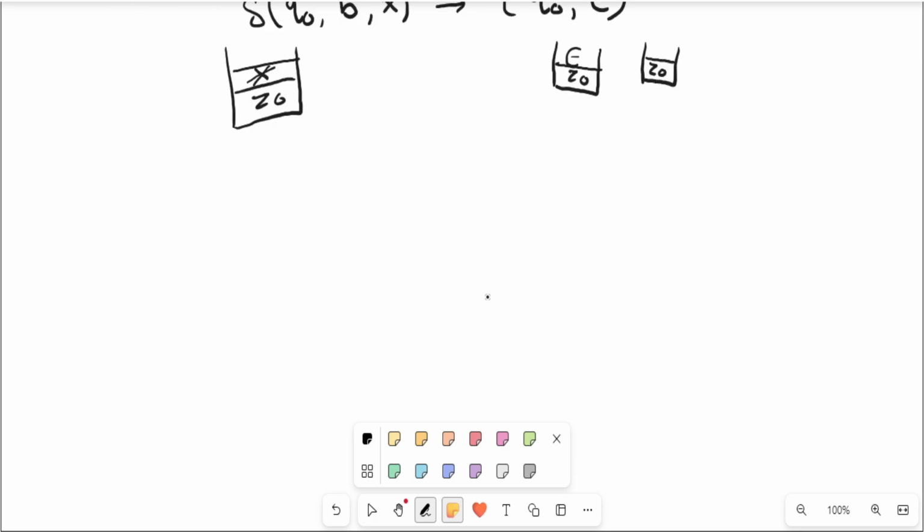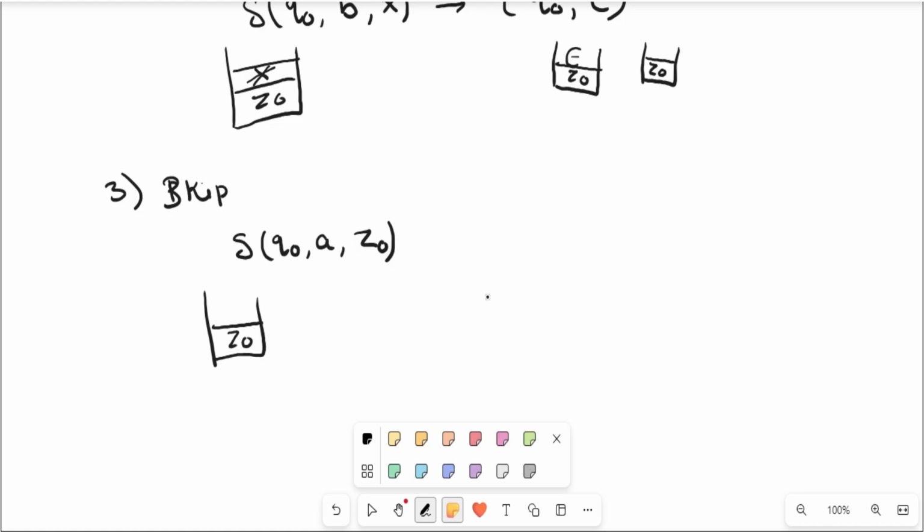Now the third operation is the escape operation. Escape operation means we do not want to pop or push anything. Suppose we are at q0, our next input is a and our stack top is z0. We do not want to push or pop anything, we just want to skip.